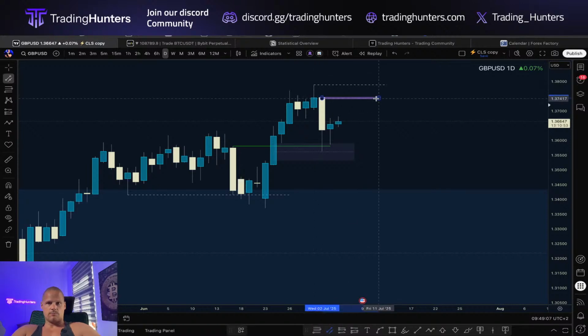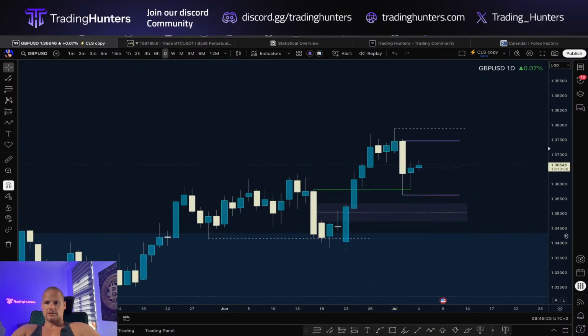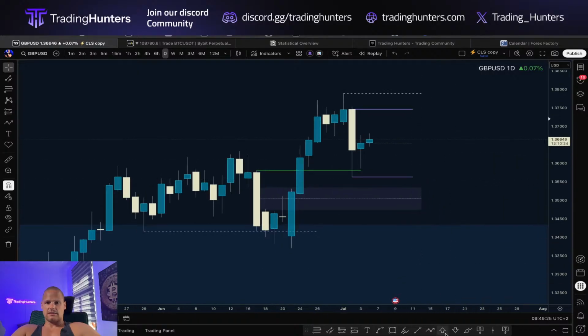That would be really great if this down wick is taken, and price reacts from some level in here, which could be this inverted fair value gap. So I would again be interested probably only in the longs. So that's for this GBP.